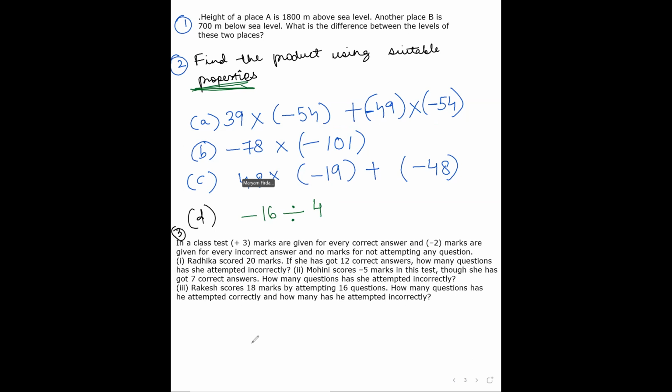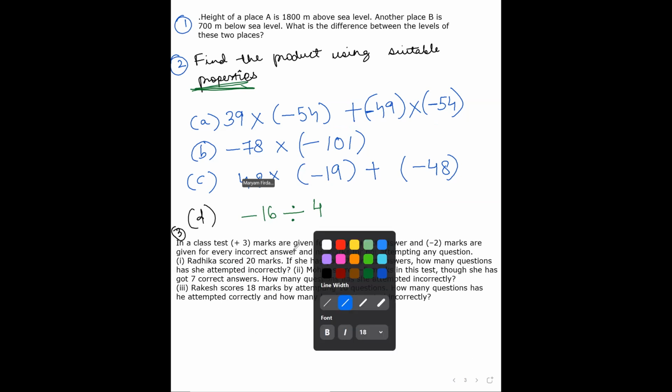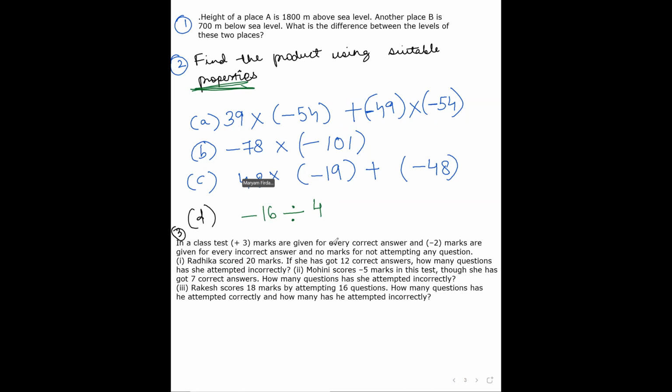Do you remember all these properties? Distributive property, associative property, commutative property. We can take minus 54 as common and then. Exactly. That's what you're supposed to do. Then you solve it. Okay, I will solve it.